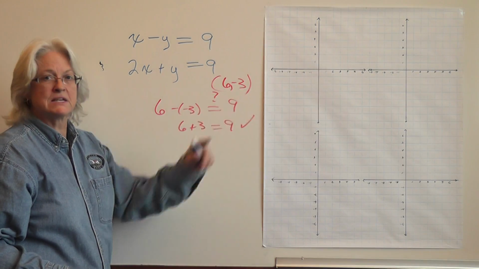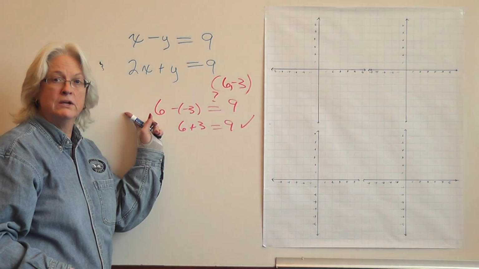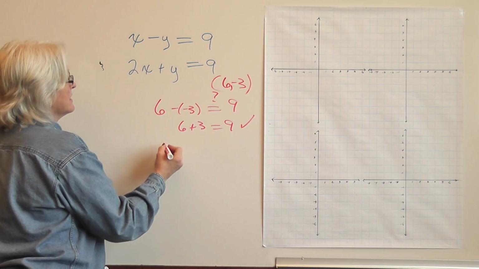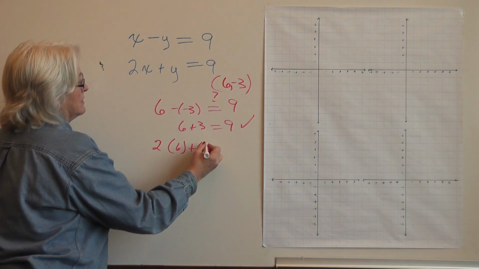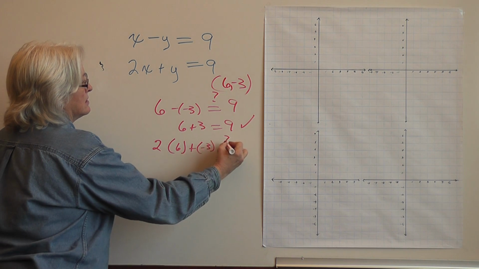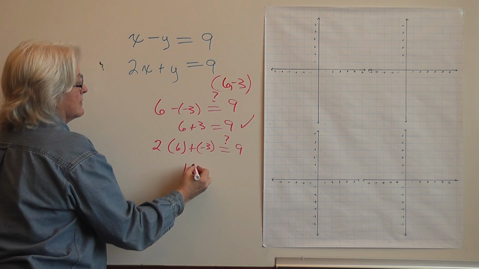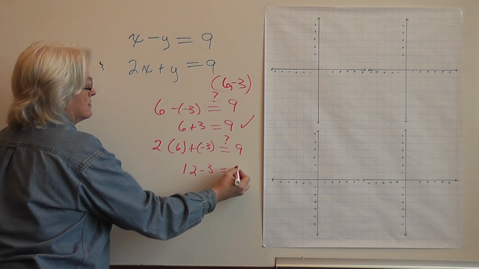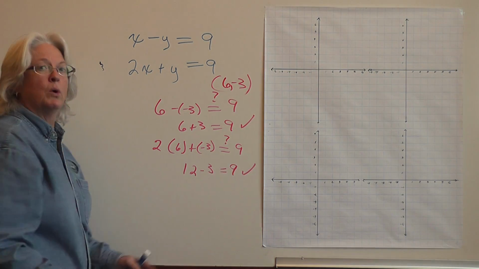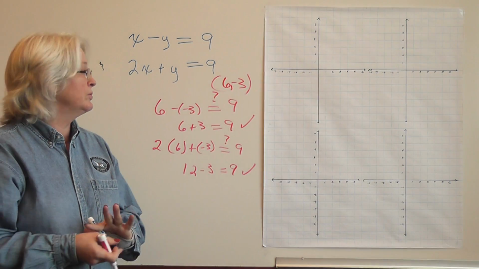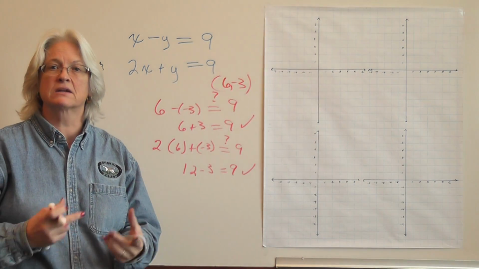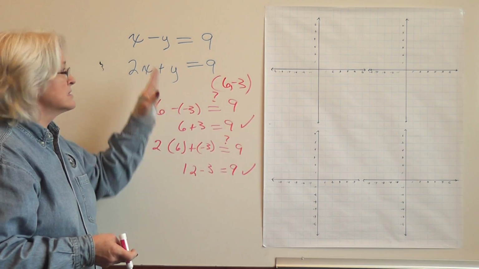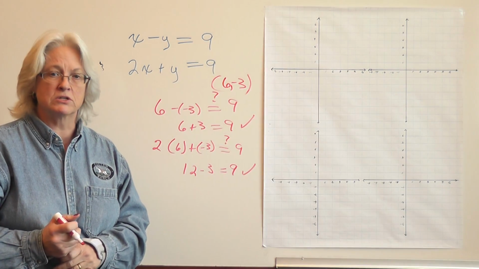So here we have a second point that solves this first equation. Let's see what happens with our second equation. 2 times 6 plus a negative 3, is that equal to 9? And yes, 12 minus 3 is equal to 9. So we see that the ordered pair (6, -3) is a solution to this system of equations.